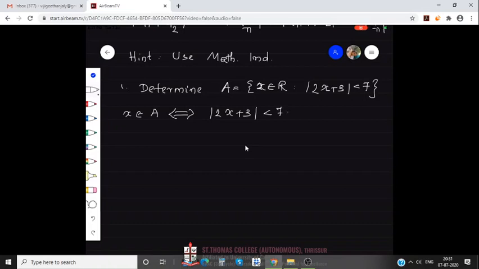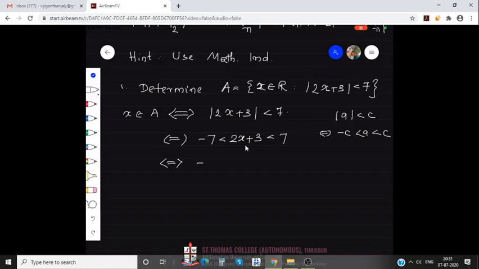Now this is of the form mod A less than C, which is the same as minus C less than A less than C. So here I can write, equivalently, minus 7 less than 2x plus 3 less than 7. And this is equivalent to adding minus 3 throughout.